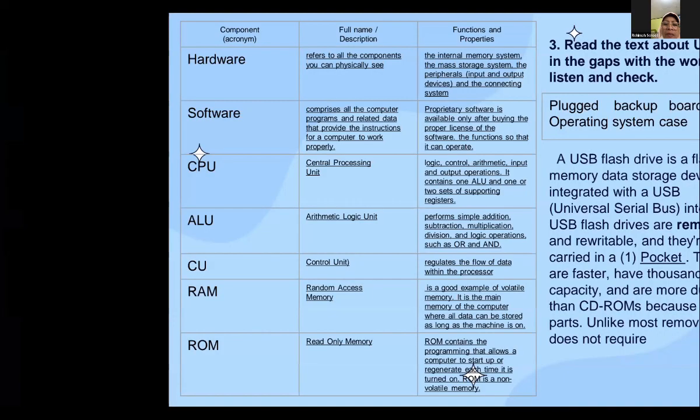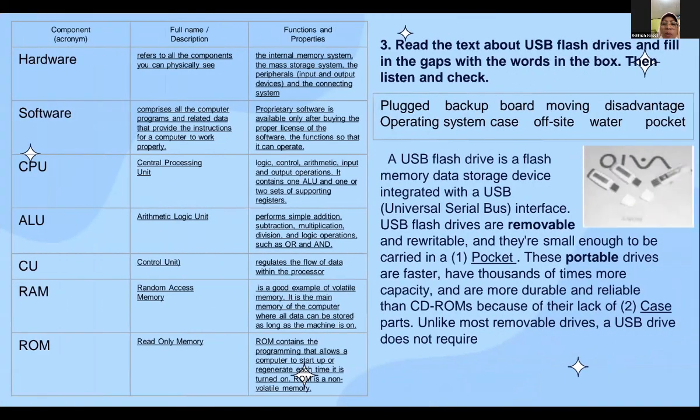Definition and effects from reading the computer composition, complete the table. The computer consists of hardware and software. Hardware refers to components you can physically see, such as the CPU, central processing unit, the internal memory system, the mass storage system, and the output.